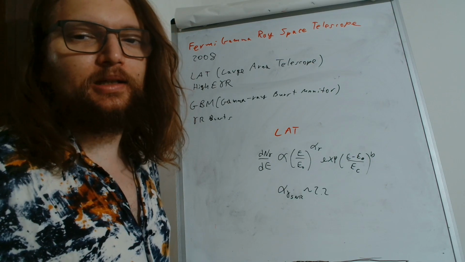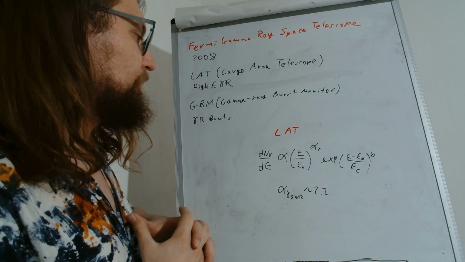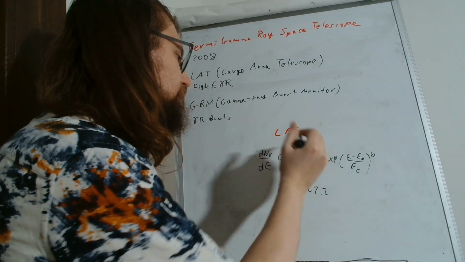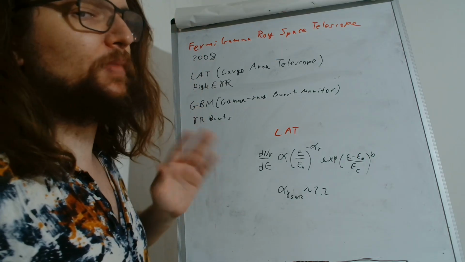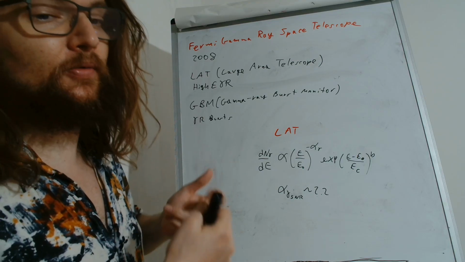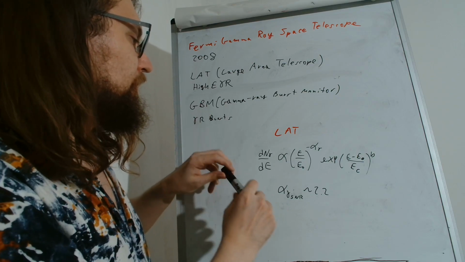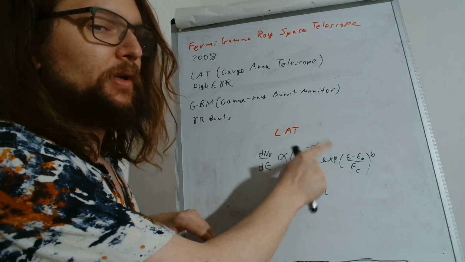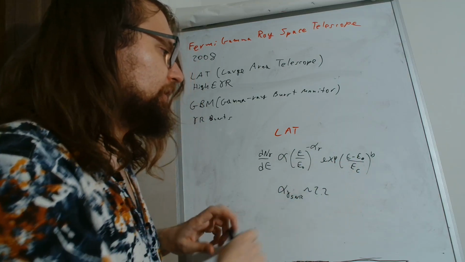Fermi LAT made a catalog of the various acceleration sites, and measured the spectral index, which can be fit with an exponential. Oh, sorry, there's a minus sign here. A decaying exponential, exactly like cosmic rays, which makes sense since these are gamma rays which come from acceleration of cosmic rays. And there is also a cutoff term which becomes important when we reach energies close to some critical energy E_C.